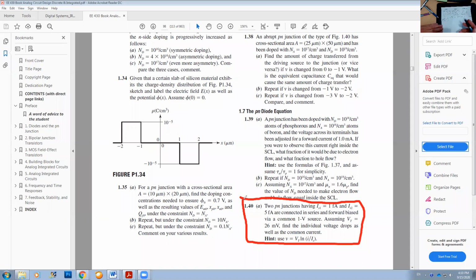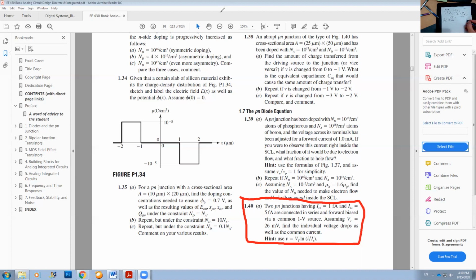Okay, so two p-n junctions having IS1 equal to 1 fA and IS2 equal to 5 fA are connected in series and forward biased.